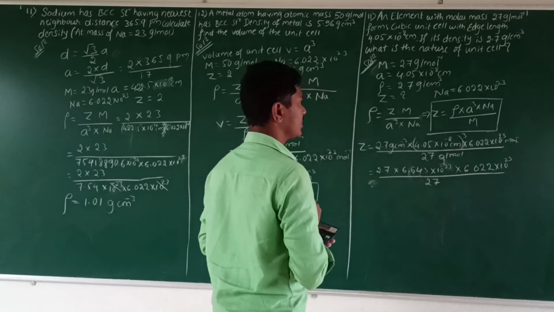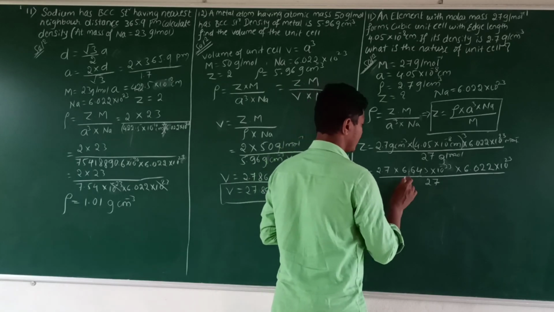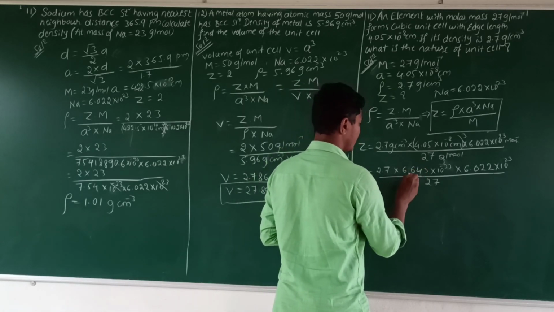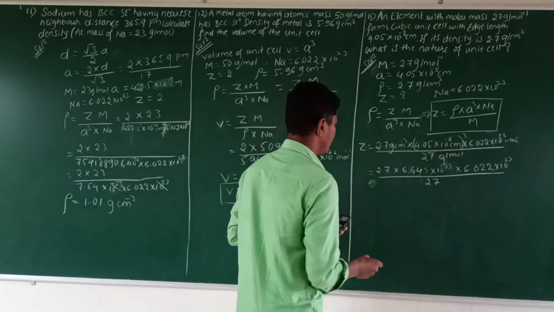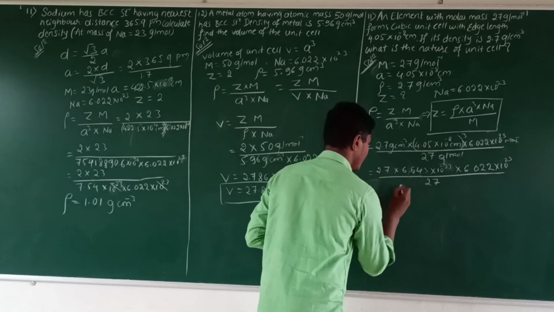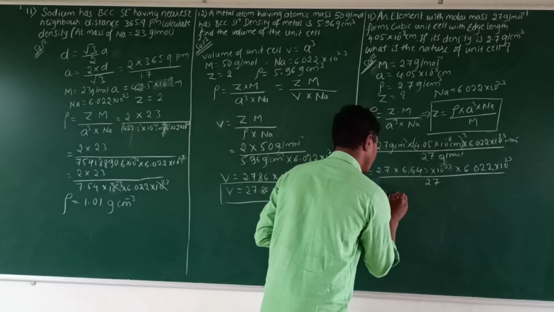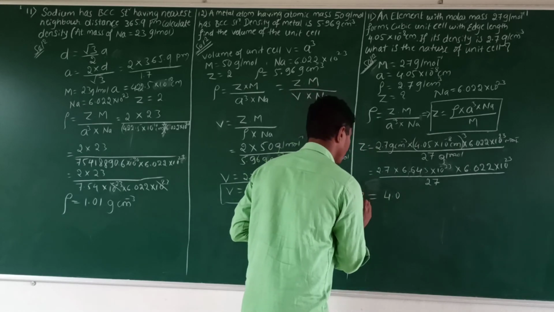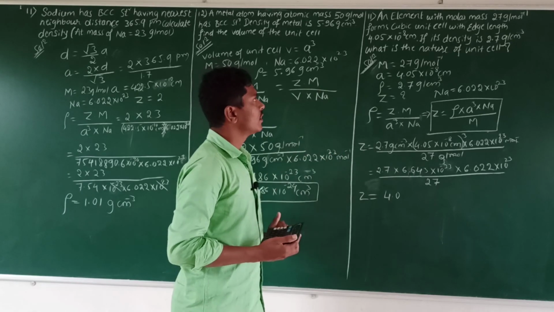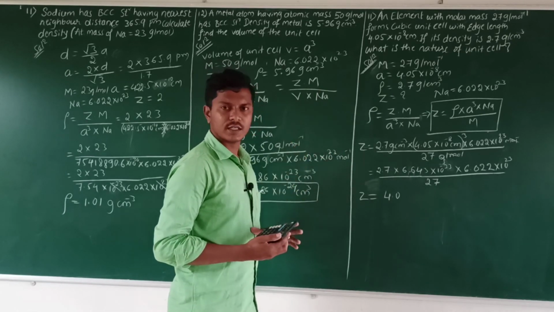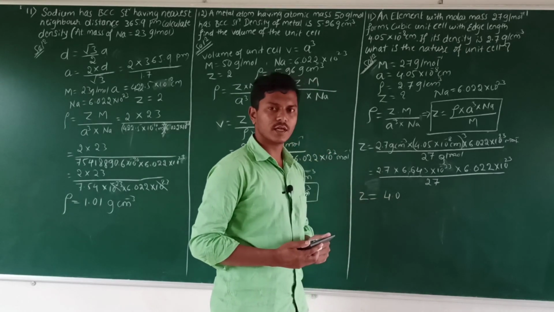We are getting approximately 4 as the answer. Z is equal to 4. 4 atoms are present in the cubic unit cell. For this, having 4 atoms. Okay, got this?